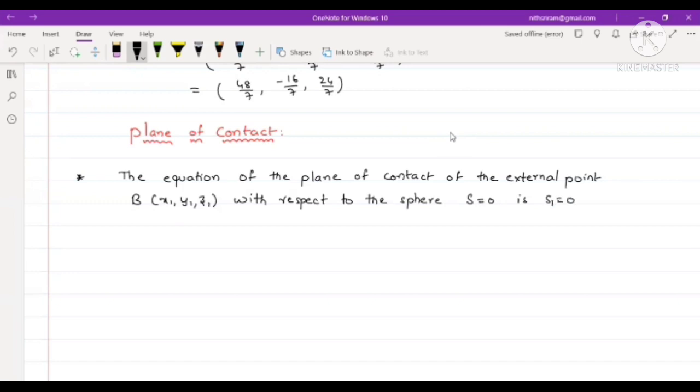So this S1 = 0 is nothing but the equation of the plane of contact of the external point with respect to the given sphere.